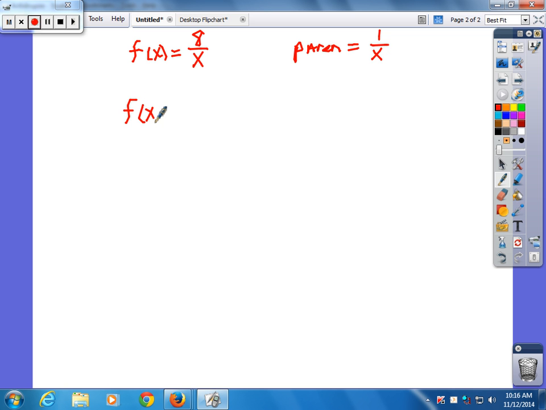f of x is equal to 8 times 1 over x. Now what have I told y'all since the third week of class that an 8 is going to do to this function? What's an 8 going to do to any function in front of it? It's not a vertical shift and it's not a horizontal shift. Narrow.